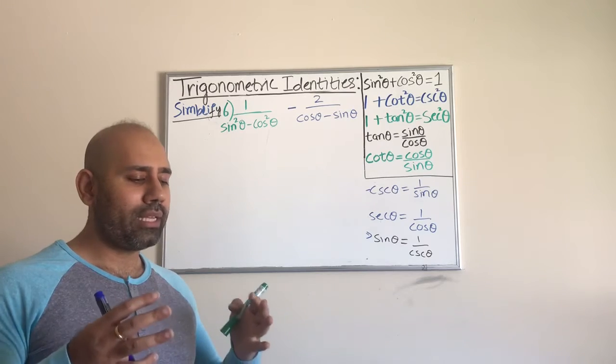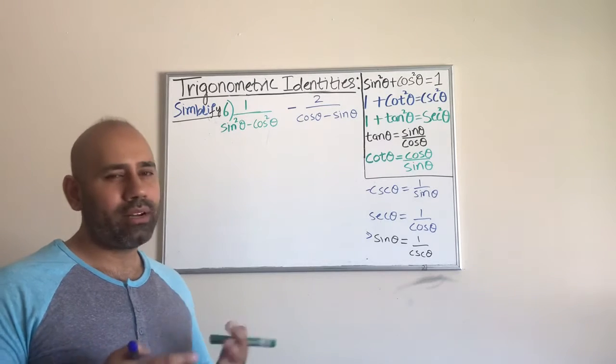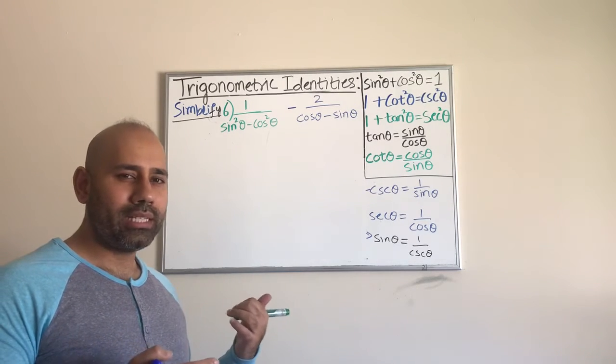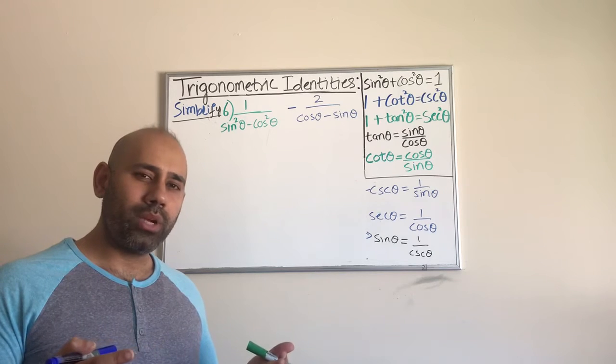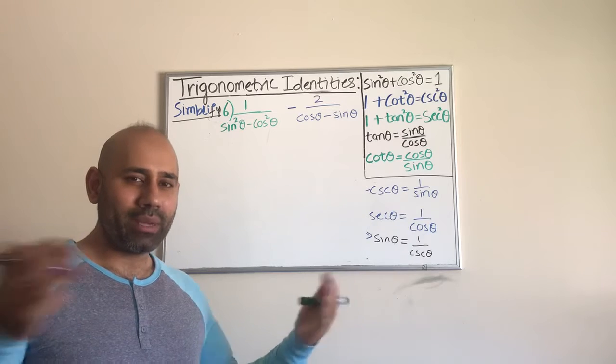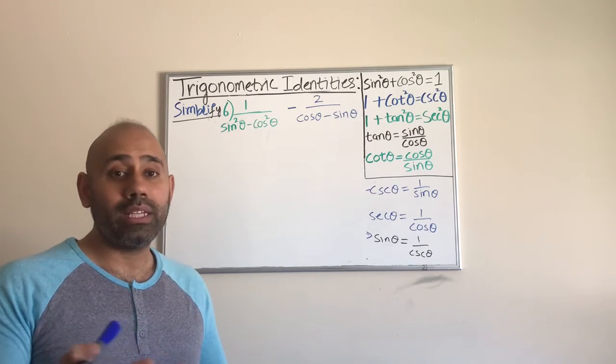If you think of these as two algebraic expressions, these are rational expressions. So if you have rational expressions like these, then I think the best way to simplify this is by creating a common denominator so that you can combine the two rational expressions and then simplify as much as you can.